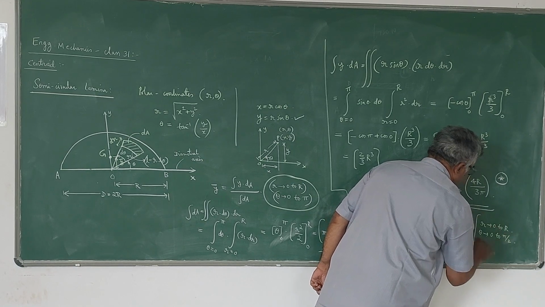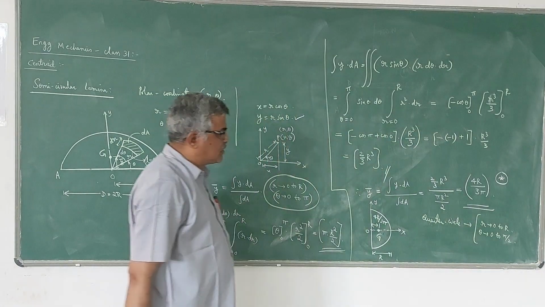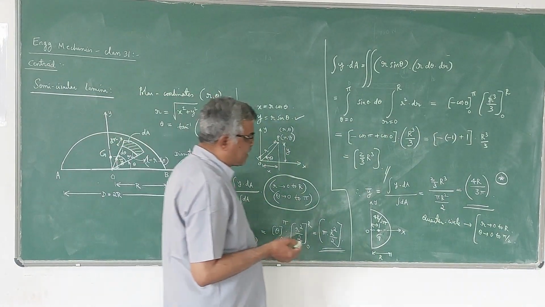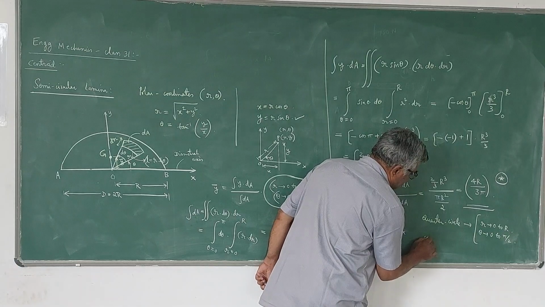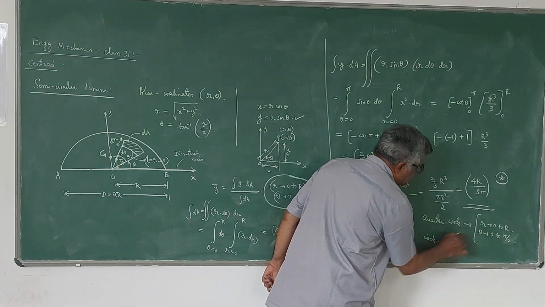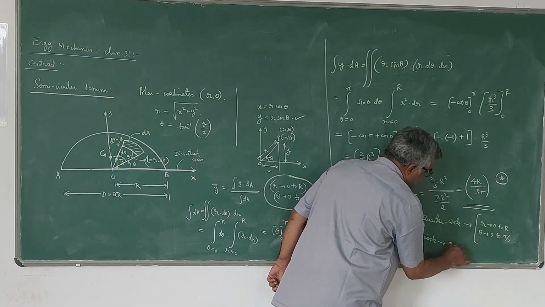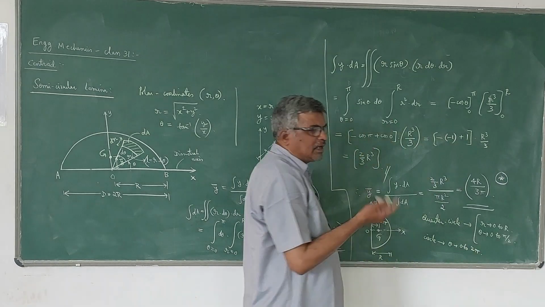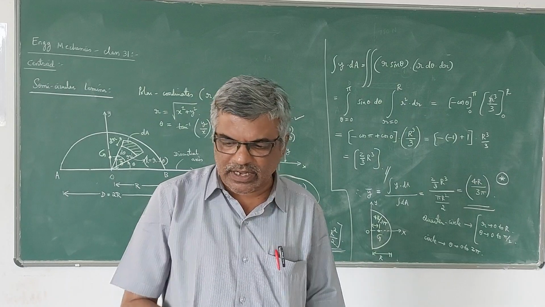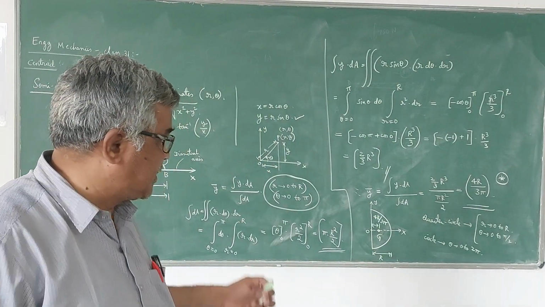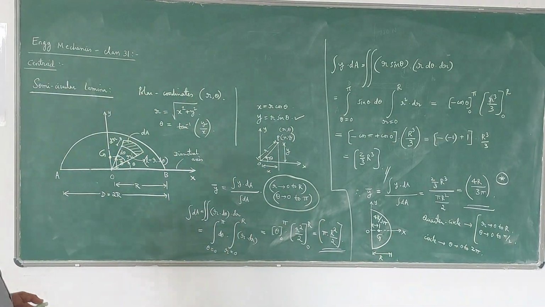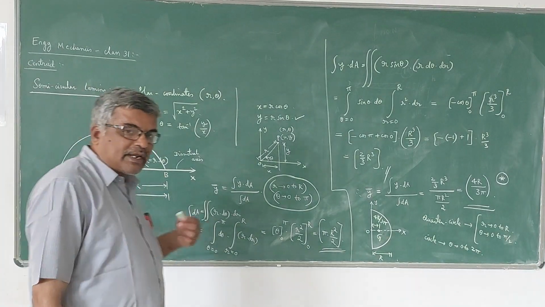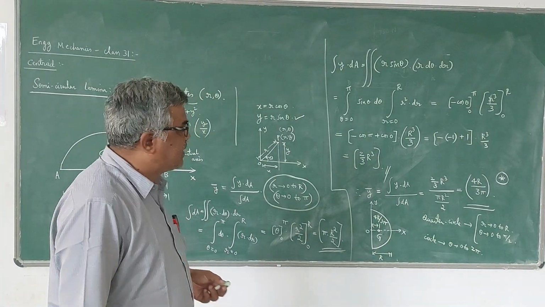Of course, in the case of a circle, R varies from 0 to R, but theta varies from 0 to 2 pi. A circle is symmetrical about both the x and y axes. Therefore, the geometrical center of the circle itself is the centroid.